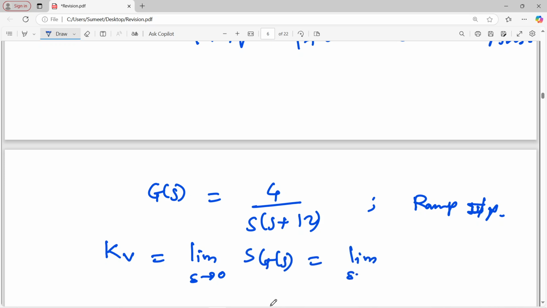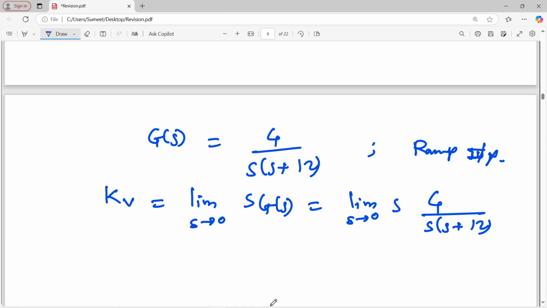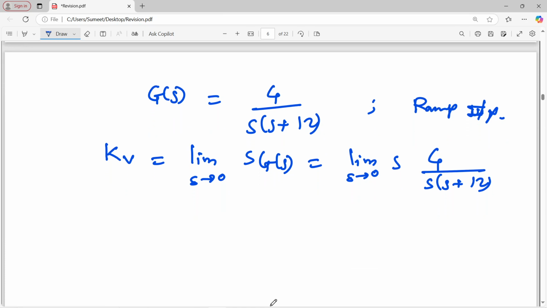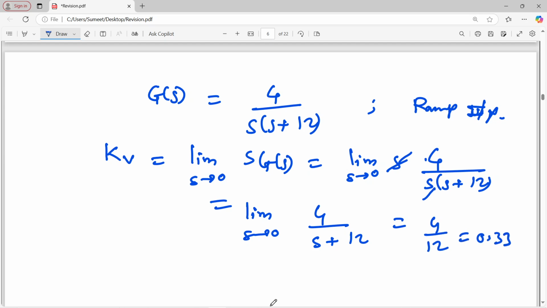Limit s tends to 0 s into 4 upon s plus 12. The s and this s get cancelled out, so it comes out as limit s tends to 0 4 upon s plus 12. Put s equal to 0, so 4 upon 12, that means 0.33.